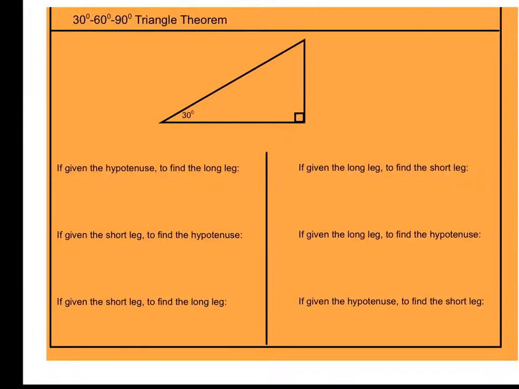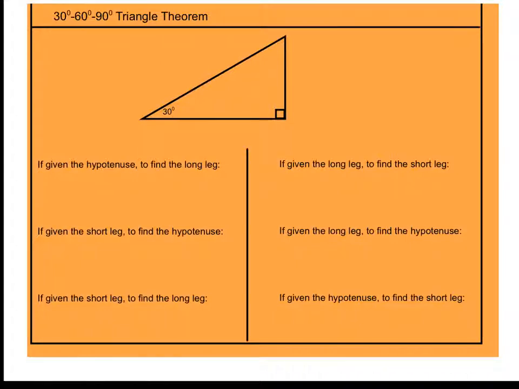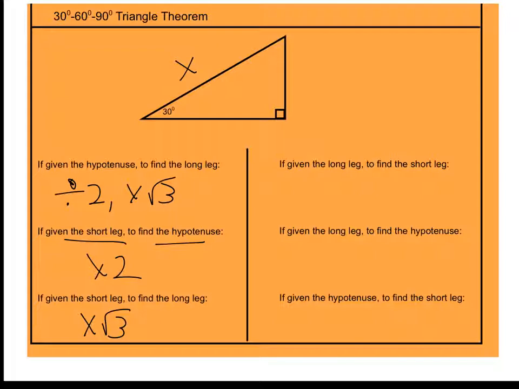All right, so if you're given the hypotenuse x to find the long leg, you're going to divide by 2 and multiply by square root of 3. If given the short leg to find the hypotenuse, you're going to multiply by 2. If given the short leg to find the long leg, you're going to multiply by square root of 3.